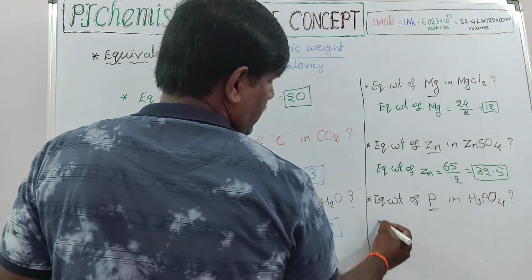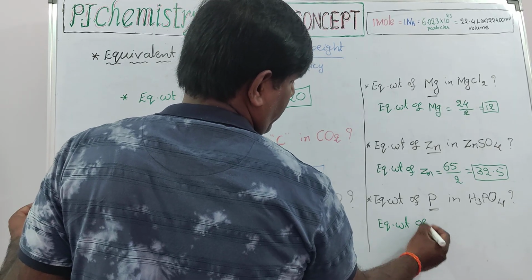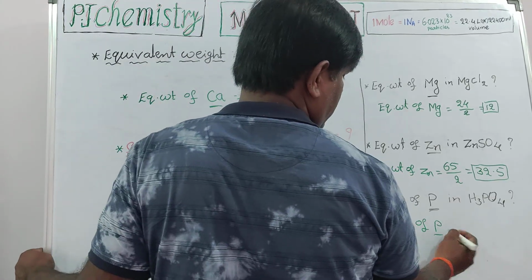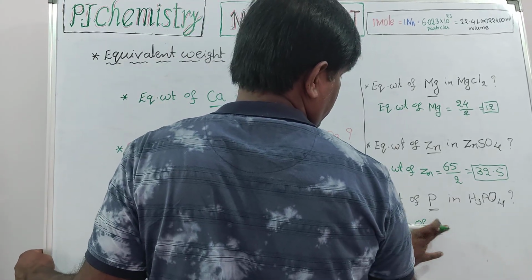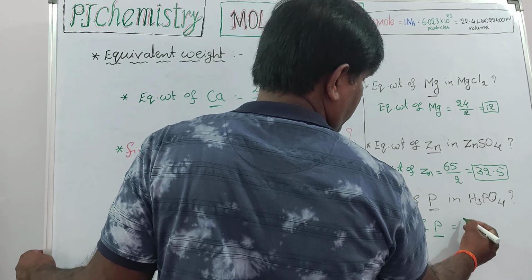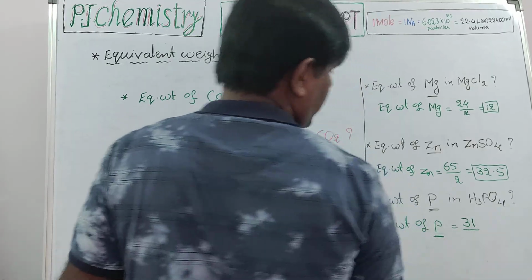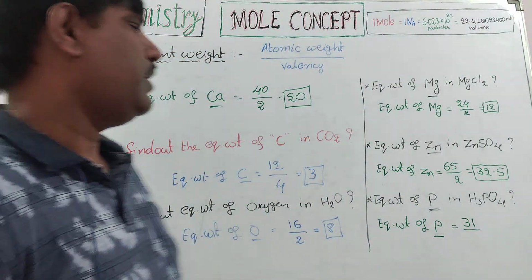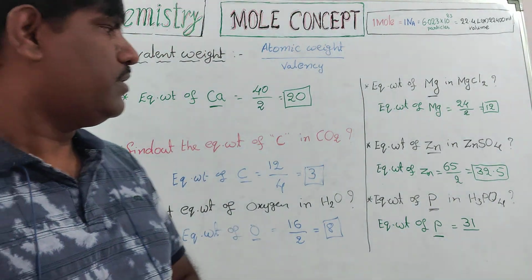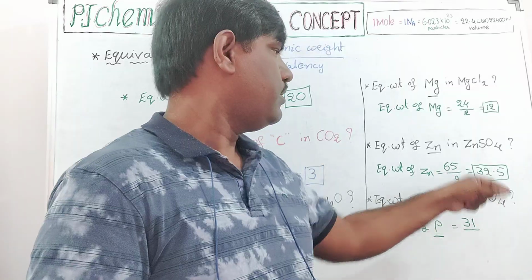Next, equivalent weight of phosphorus. Formula: weight of phosphorus is 31 by the valency of phosphorus in H3PO4. How much is the valency? 5.